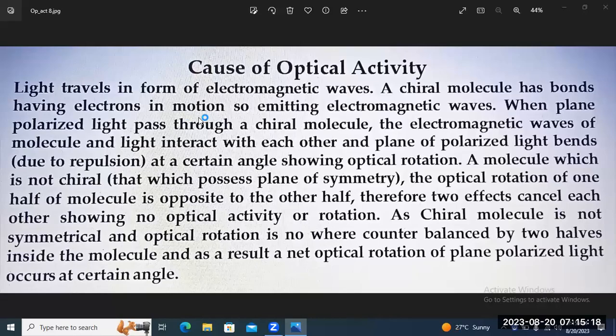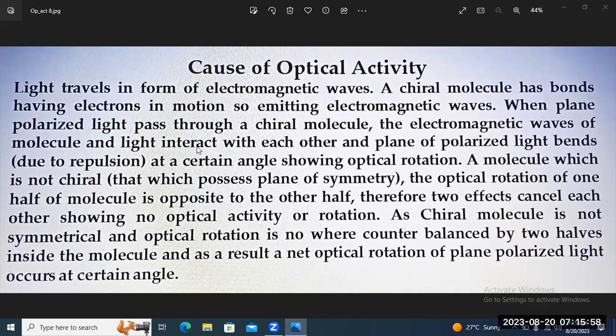Another very important question is how the optical activity is caused, the cause of optical activity. In order to explain this, we can say that light travels in the form of electromagnetic waves, and a chiral molecule has bonds having electrons in motion, so emitting electromagnetic waves.